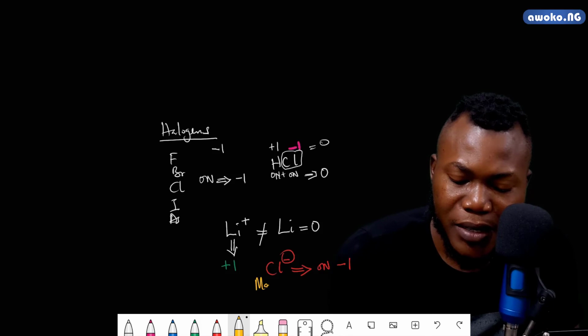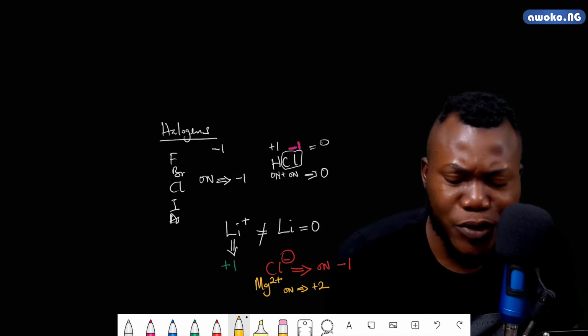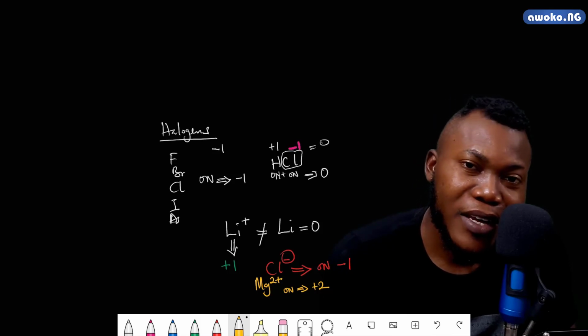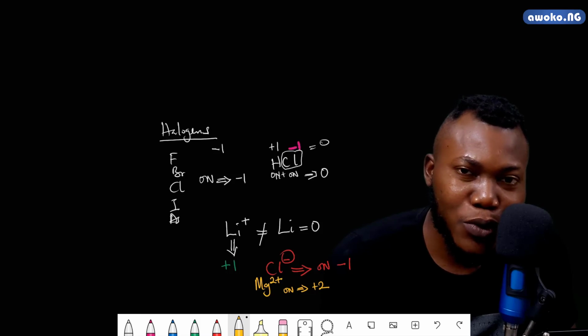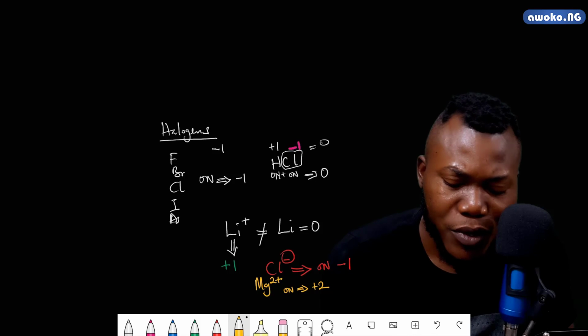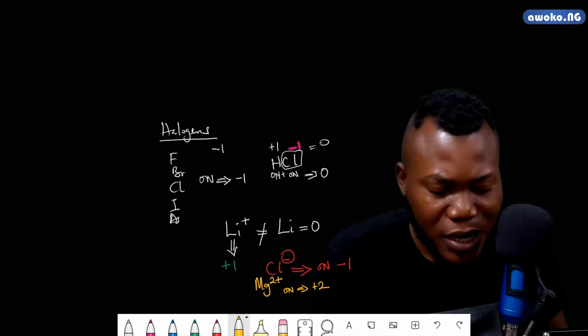For magnesium 2+, the oxidation number will be +2. I hope you get the idea. In a nutshell, the oxidation number for a charged ion will be equal to the number on its charge. But this is just for monoatomic ions.